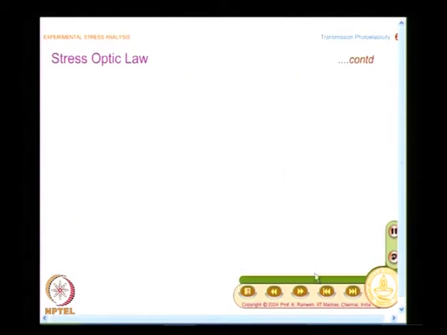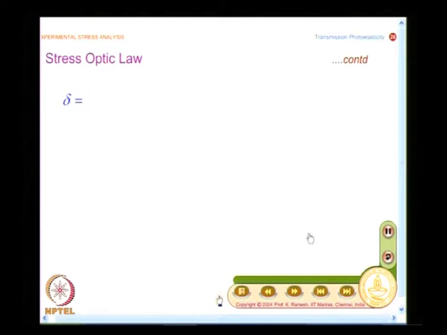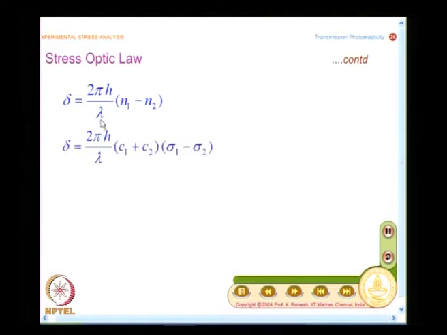Now, I am going to rewrite this delta in a form convenient for us to use, and those steps are fairly straightforward. There is no great mathematics involved here. So, I have this as 2 pi h by lambda into n 1 minus n 2. Now, we know n 1 minus n 2 in a different form, so I put this as C 1 plus C 2 into sigma 1 minus sigma 2.